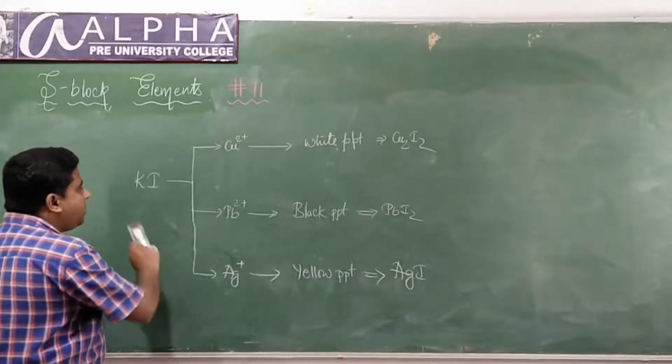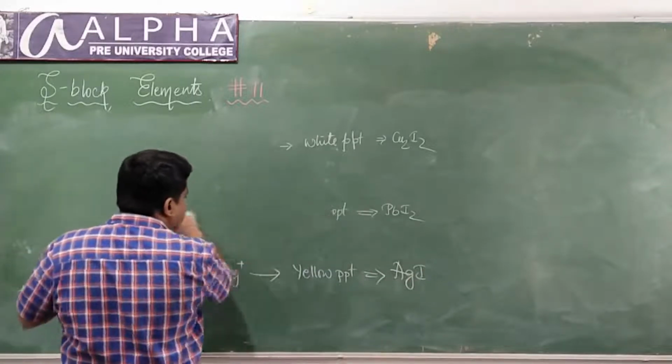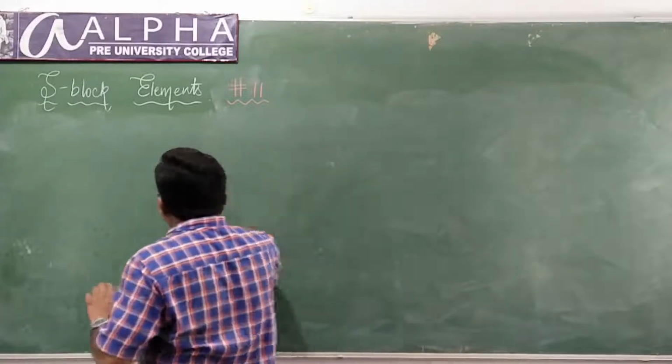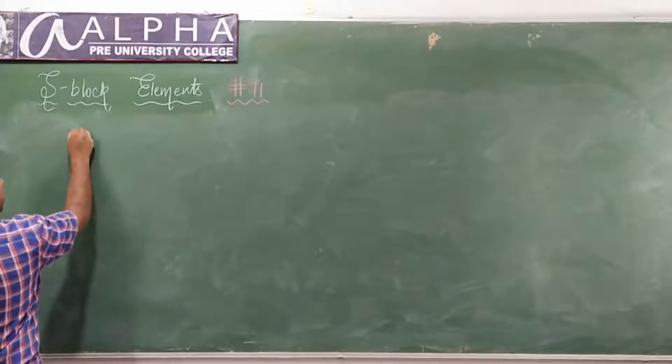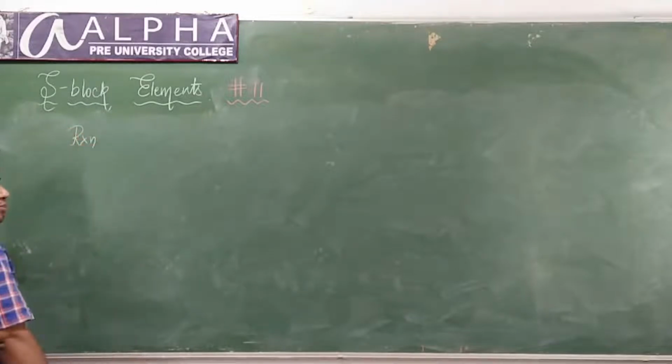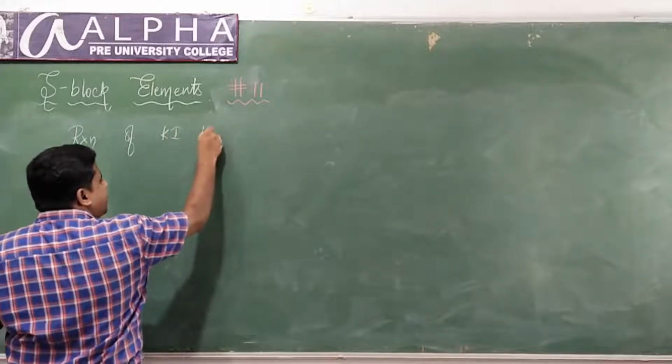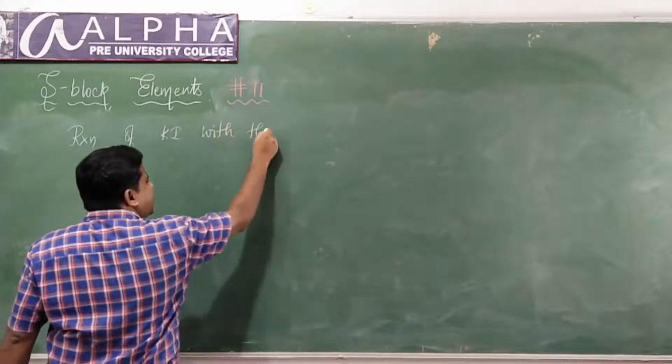Understood? Now what happens when potassium iodide reacts with mercuric ions? I'm talking about the last type of reaction of potassium iodide.